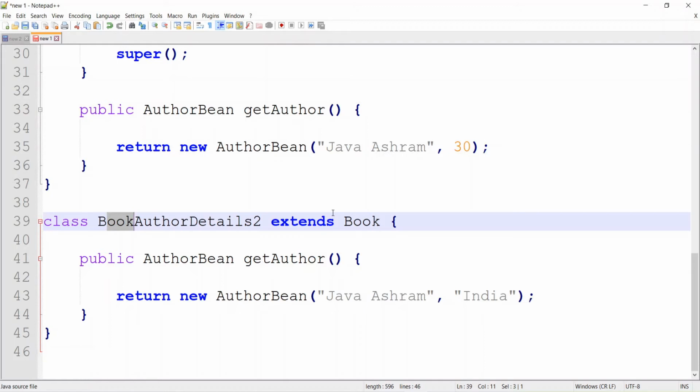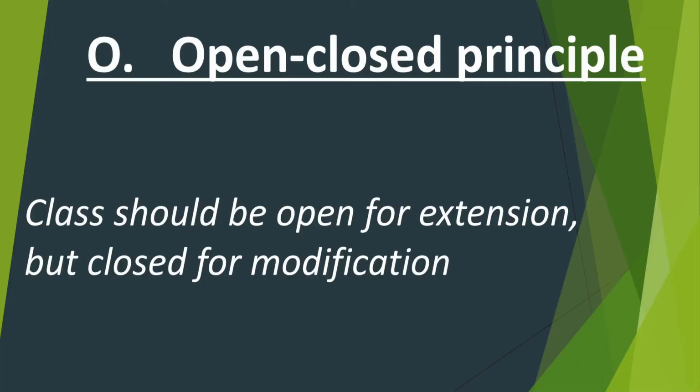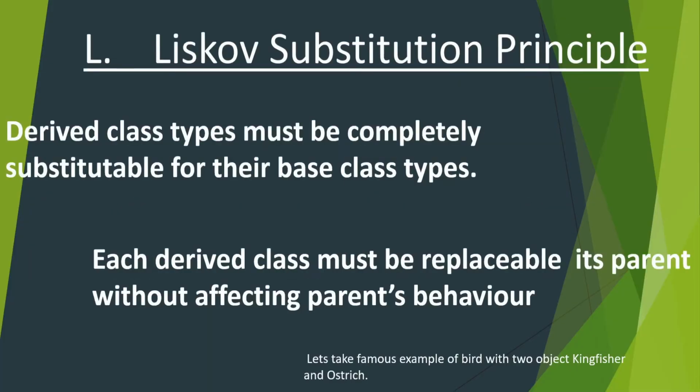The next acronym is L. So let's go there and see. The L stands for Liskov substitution principle. If you see the word substitution, it's giving the sense of substitute, right? So at any given point of time, the derived class types must be completely substitutable for their base class type, and each derived class must be replaceable for its parent without affecting the parent's behavior.